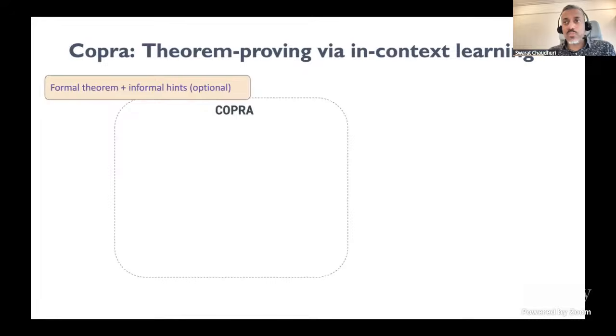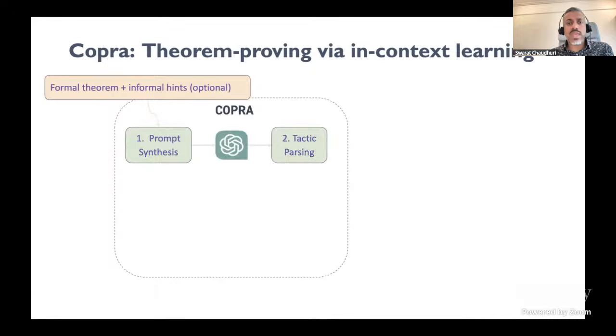Okay, so here is this Copra system in a little bit more detail. What is going on here is that you're starting with a formal theorem, but you could also have some informal hints. You could imagine bringing auto-formalization into this picture as well, but we didn't. So the first step is that you create a prompt based on the statement of the theorem. And then you feed it to a frontier LLM, and you just ask it to generate some potential tactics that would be of interest.